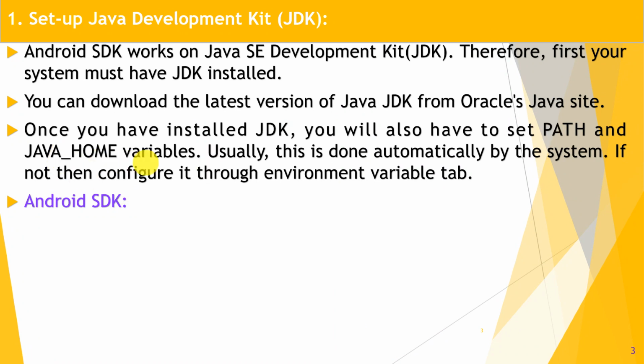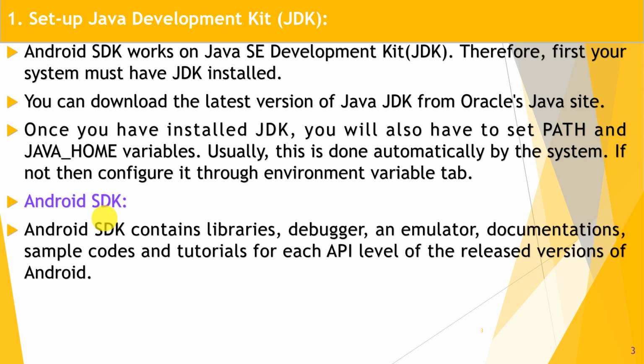Great. Next thing, Android SDK. So what is Android SDK? Android SDK is the Android Software Development Kit. So what does the Android Software Development Kit contain? It contains libraries, a debugger and emulator, documentation, sample codes and tutorials for each API level of the released versions of Android.